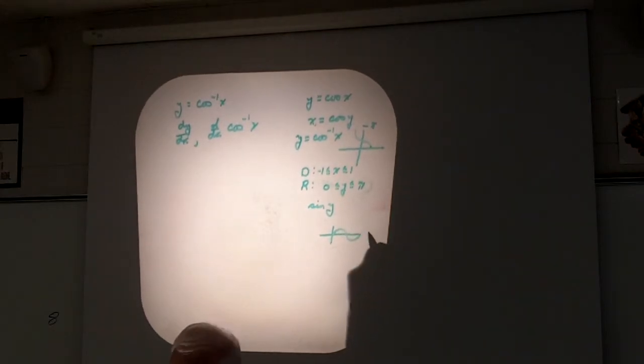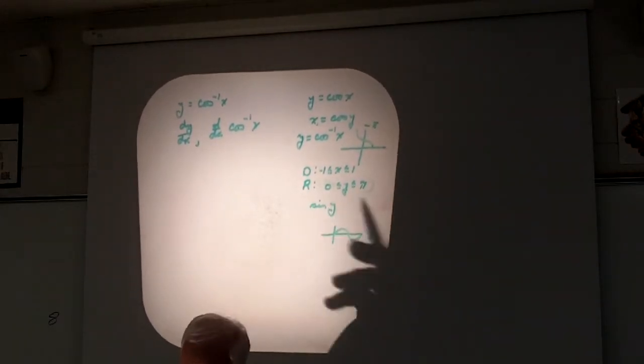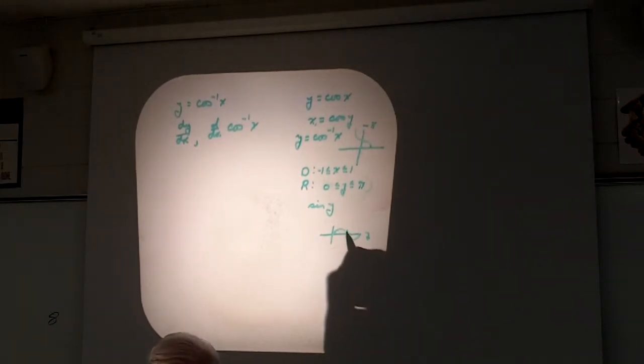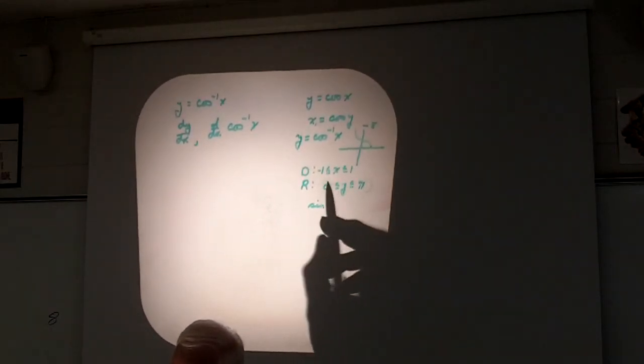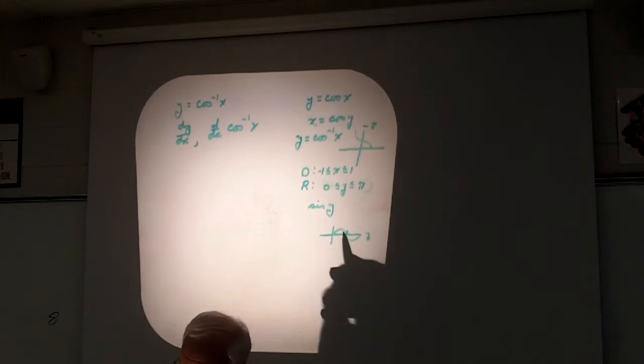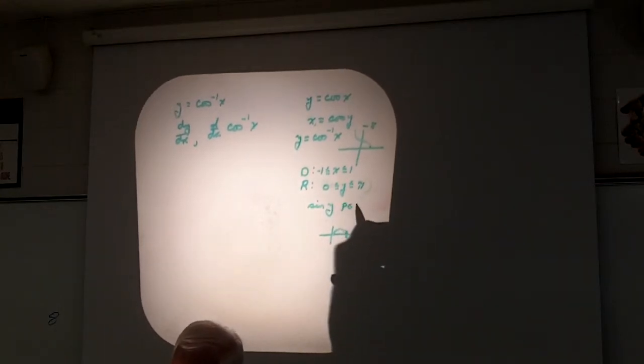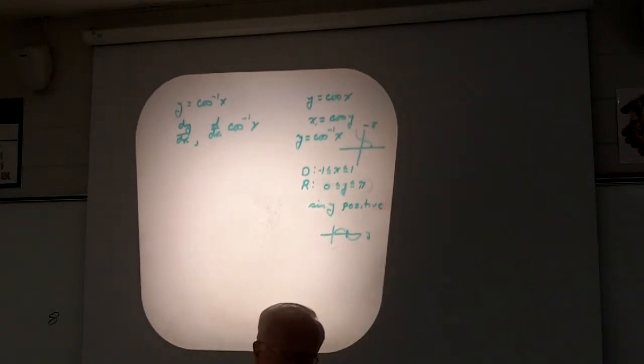And now all of a sudden this just happens to be y, because of the way I've done this. And you notice that from here to here, right in here, that's all positive. So this is going to be positive. Any question about that? Just some stuff that will be helpful in a moment.